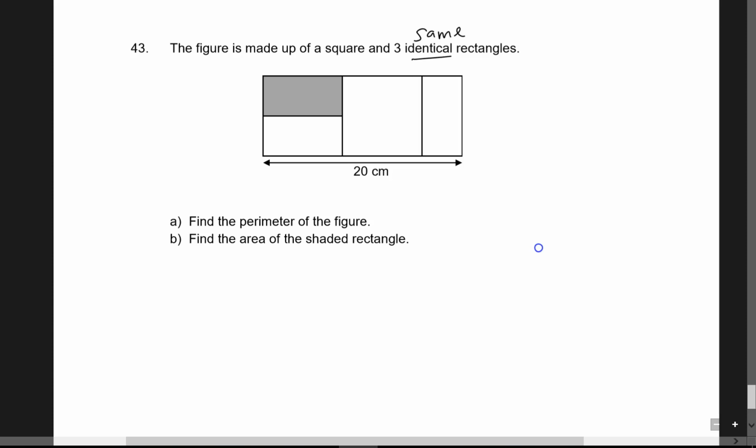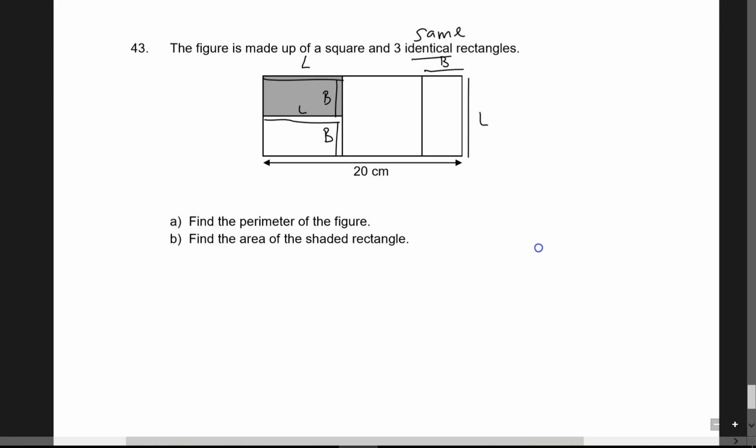Alright, but there's a pattern that I would like you all to observe. You notice that this is the length, the longer side facing you. This is the breadth. Same goes for this rectangle. This is the length, this is the breadth, this is the length, and this is the shorter side, which is the breadth. Now something interesting here is that you notice that 2 of the breadth, this breadth and this breadth, makes up 1 of the side.